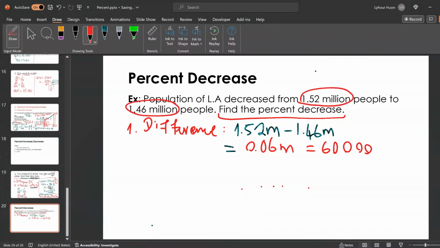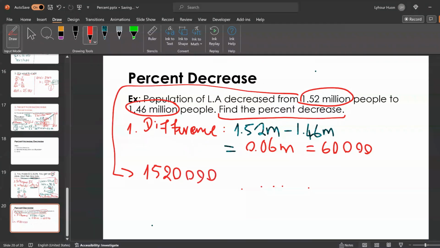Now, this number, if we write it in expanded form, what is it? 1,520,000. Correct. That's 1.52 million, which is 1,520,000. Okay.